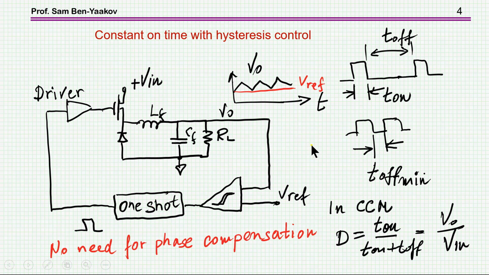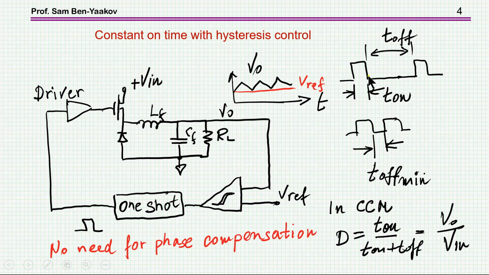So this is a very simple kind of control, of course, and as it turns out, and I'll discuss it a little bit more later on, although I'm not going to dwell into it too much, there is no need for phase compensation here. This is a bang-bang control, hysteresis control, which is stable by itself.